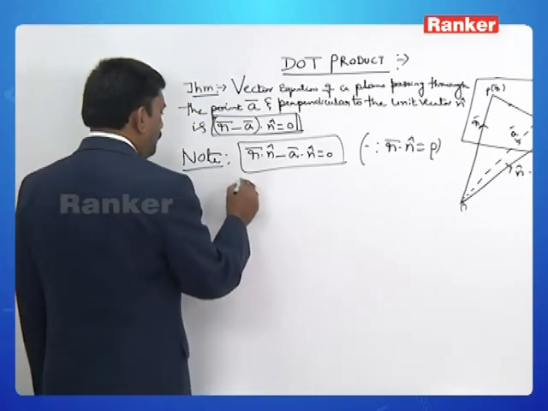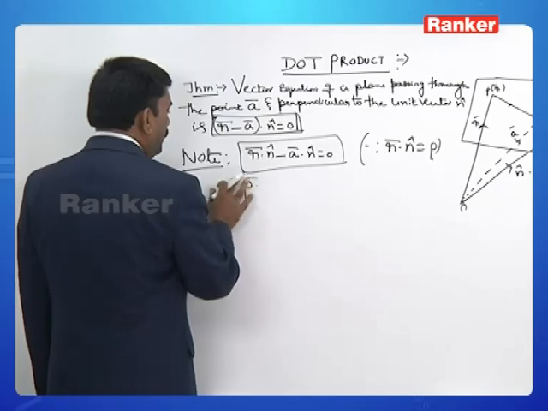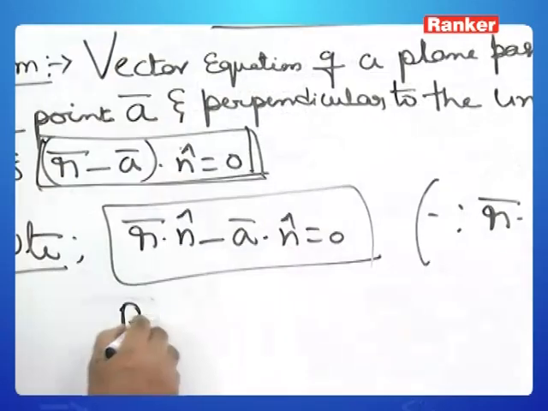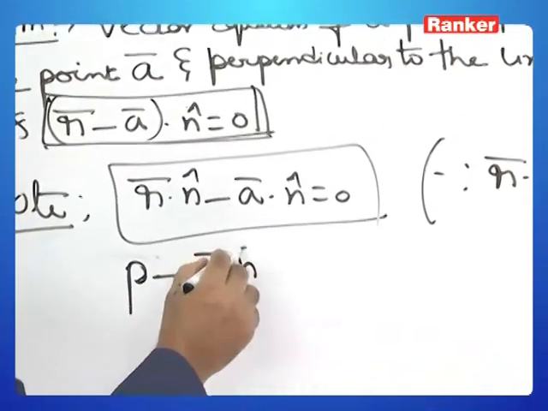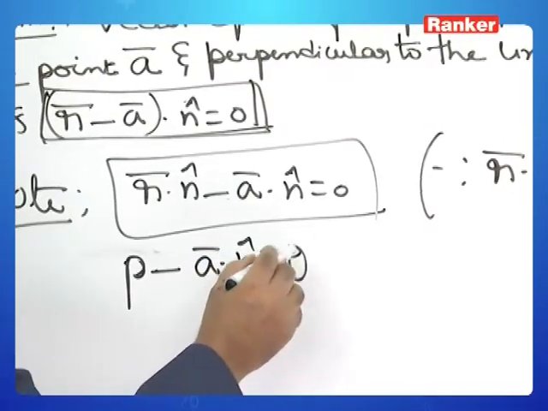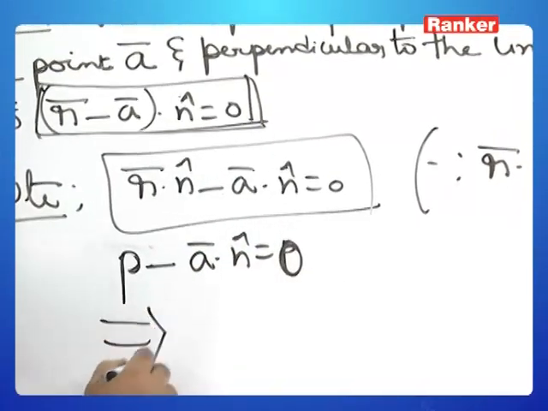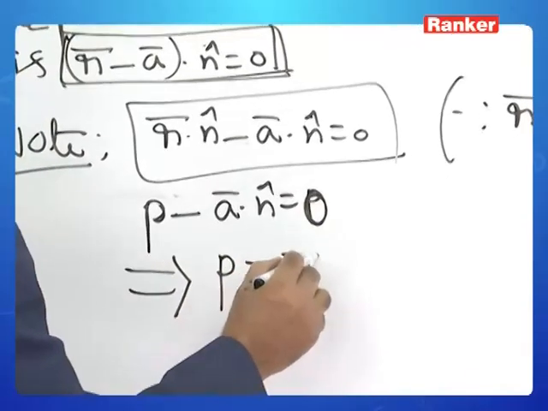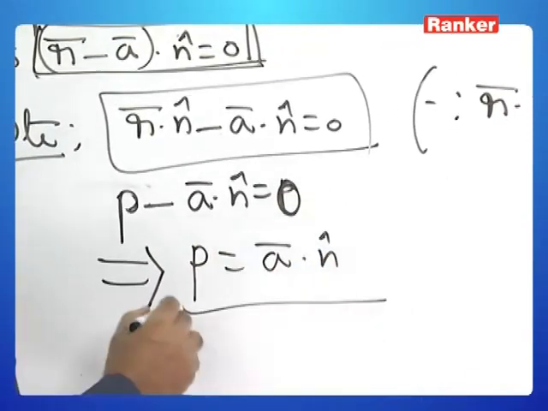Now this is nothing but P minus A bar dot N cap is equal to 0, which implies P is equal to A bar dot N cap.